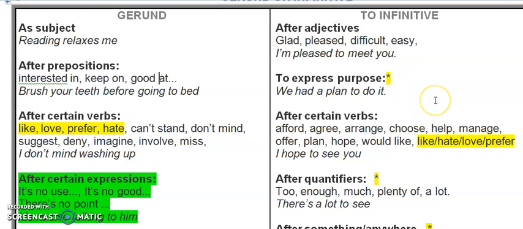We also use infinitive to express purpose, right? When we want to say the reason why, when we have to say why we do things or with what intention, we had a plan to do it, right? So the intention is to do it.